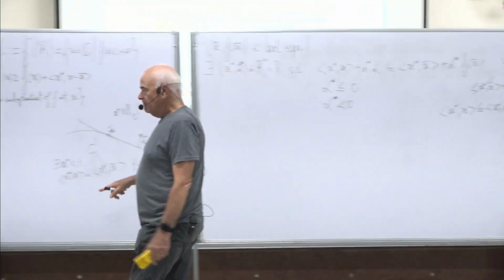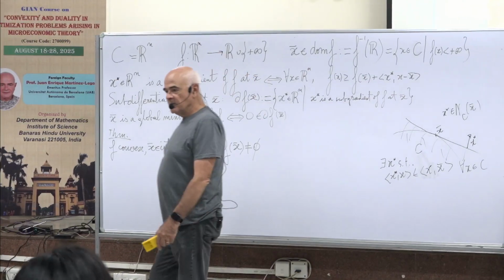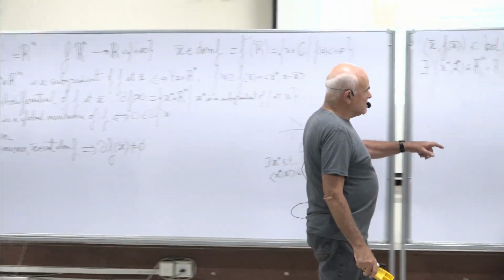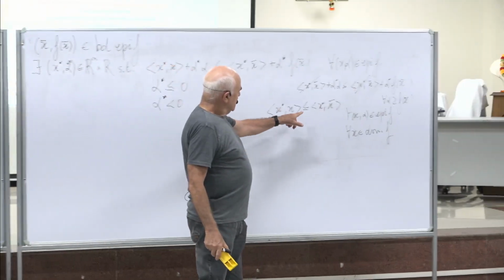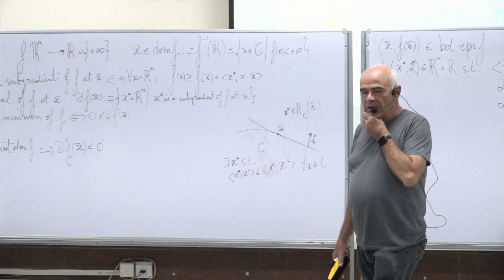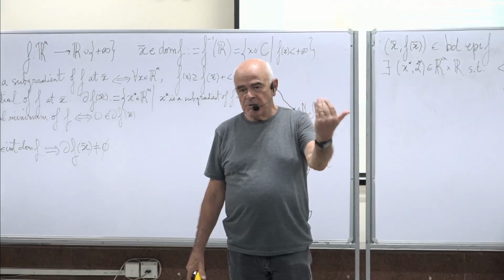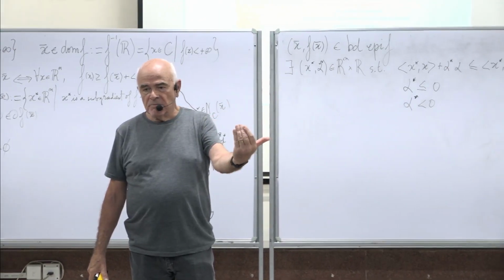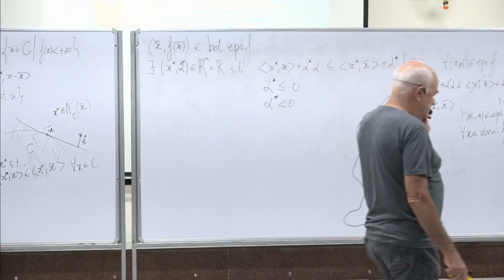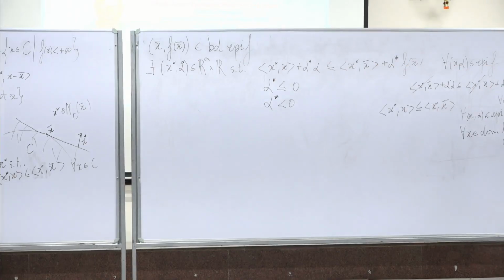But what's the reason why this is impossible? At some moment in the proof, we have to use this assumption that x bar is in the interior of the domain. Here we are saying that x star defines a supporting hyperplane at x bar, so x bar cannot be interior, must be on the boundary. At this moment, now I realize, but it can be repaired easily.